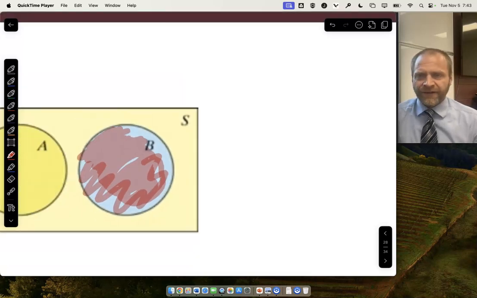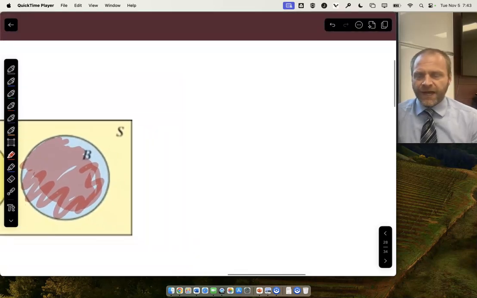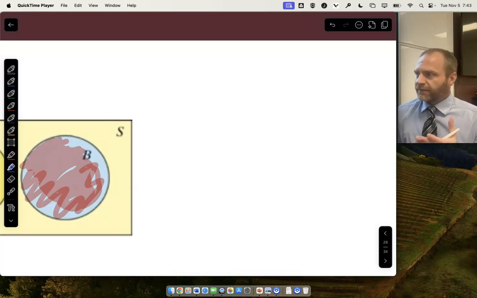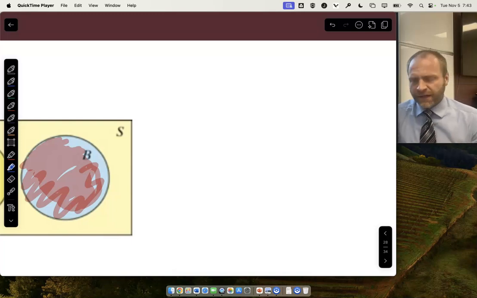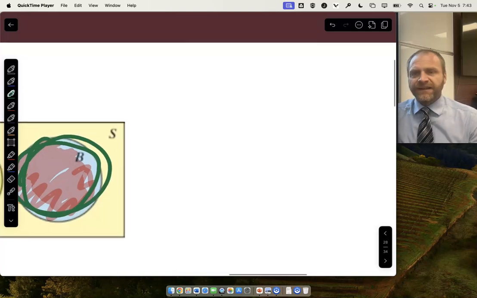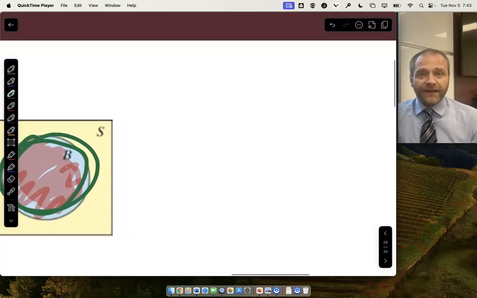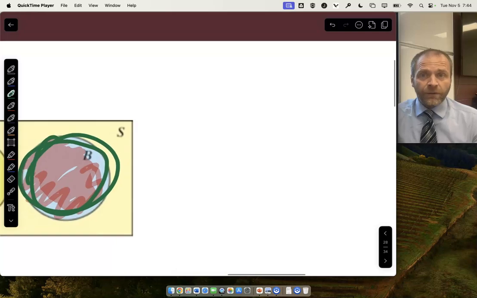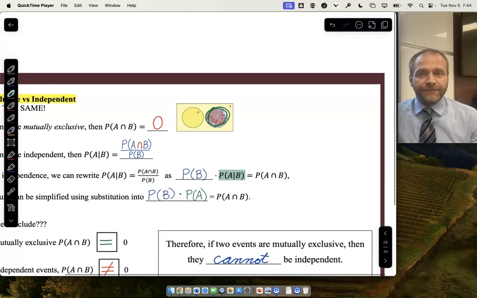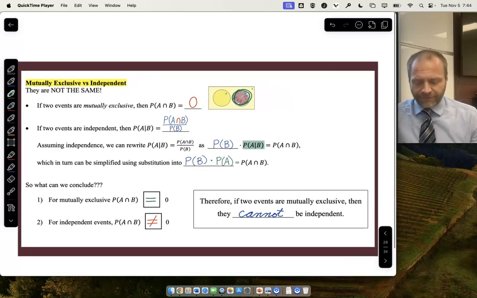Well, given that event B happened, I'm only looking at that circle. There is no A in there. There's no overlapping. A cannot happen if event B happens. So the probability would be 0. And so the idea is mutually exclusive does not mean independence. They are not the same.